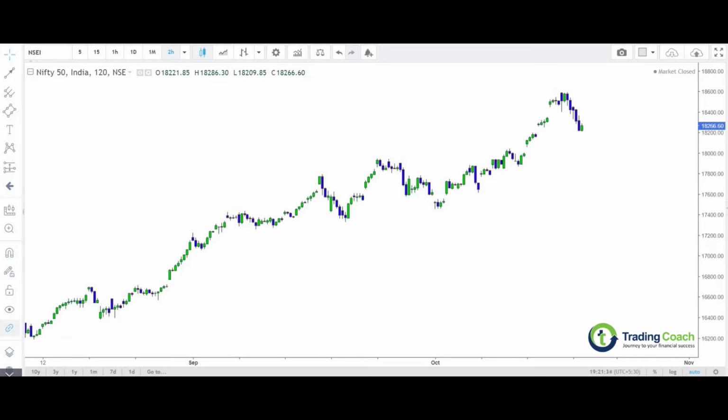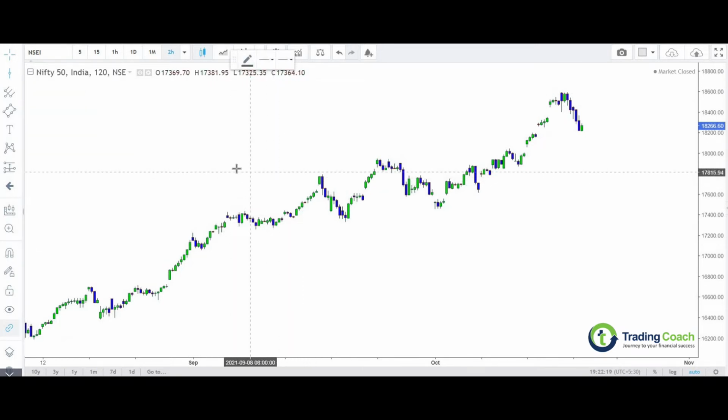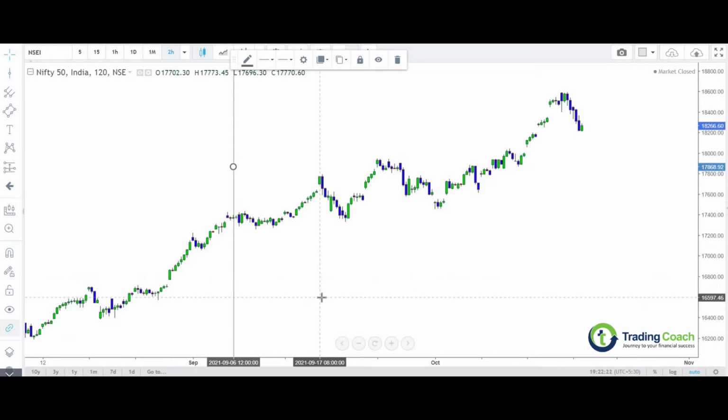So let us see what's happening on the price action right over here. First of all, I'm looking at the Nifty 50 2-hour chart. If I look at the price action, I can see that the prices have been in a channel since this particular point, that is from 6th September 2021.